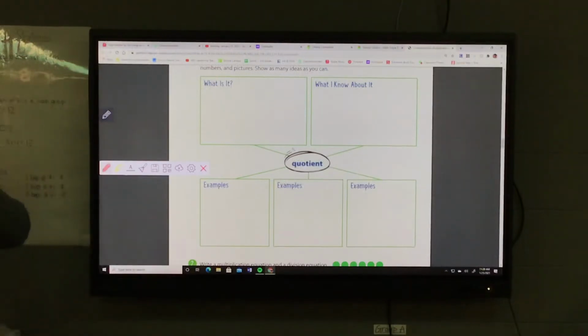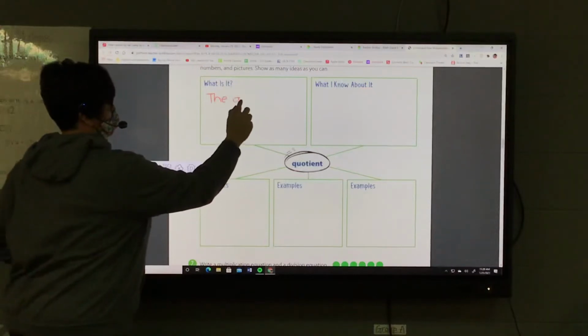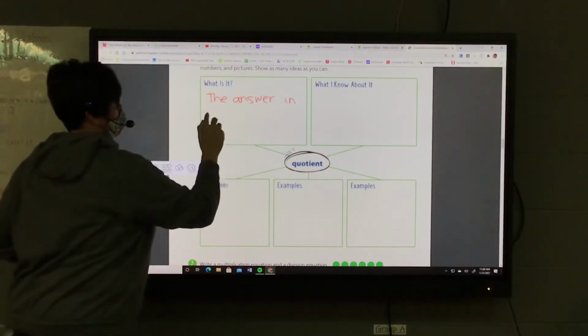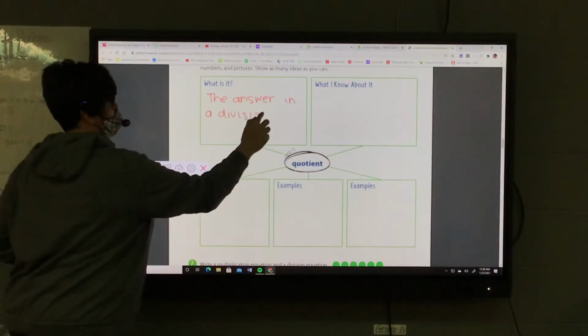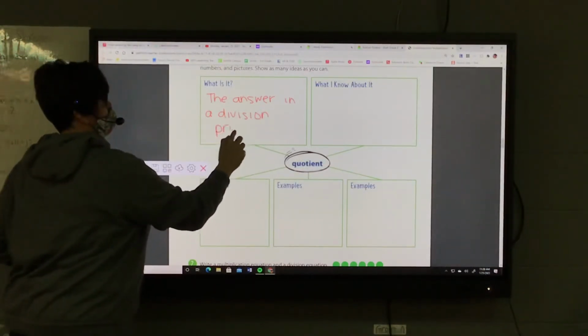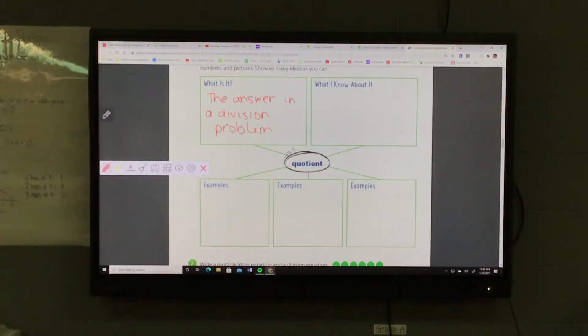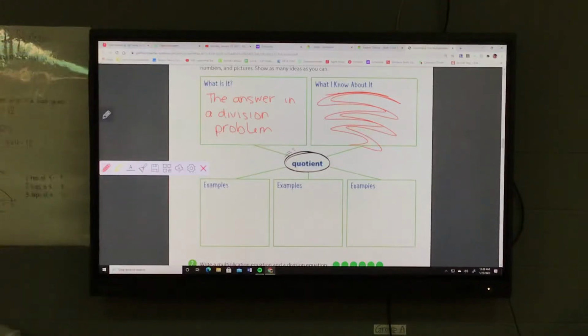Okay, so the quotient is the answer in, we'll say, a division problem. Let's skip that box. Let's just do some examples.